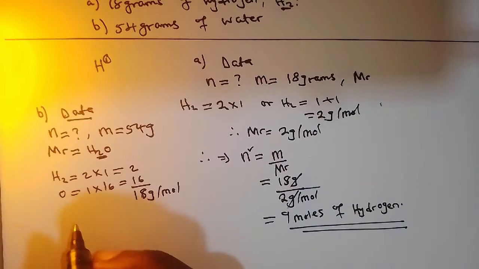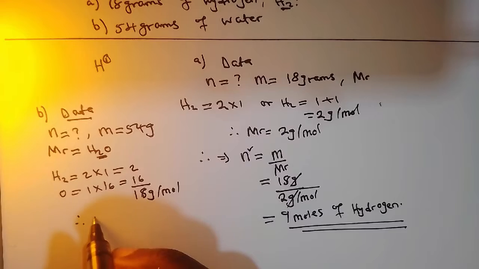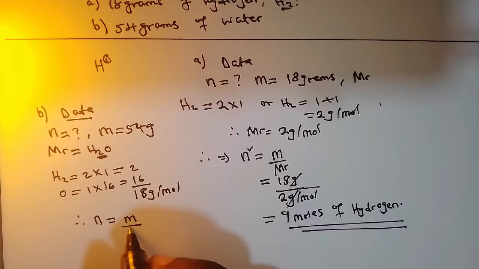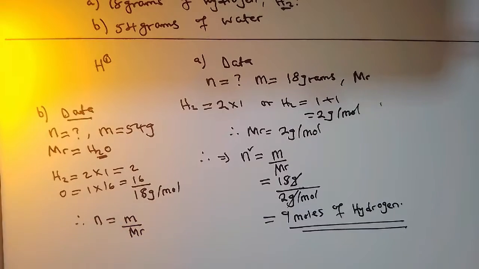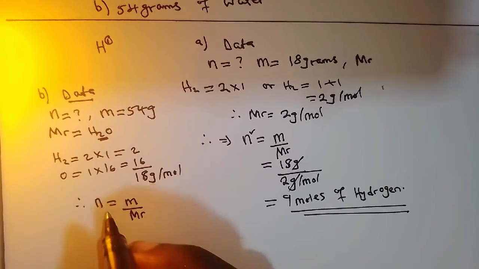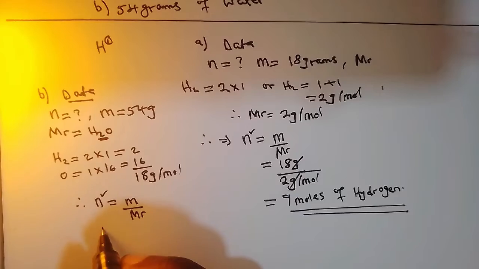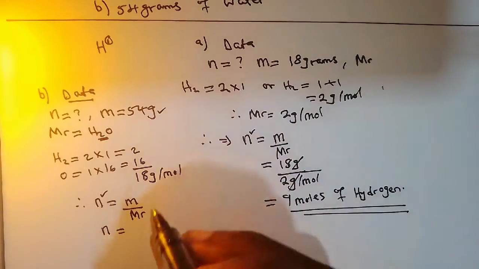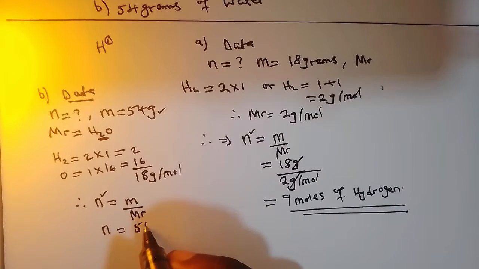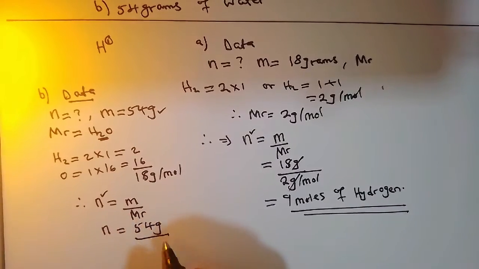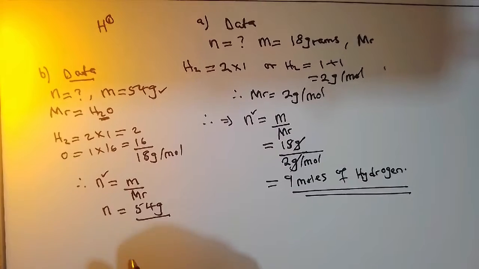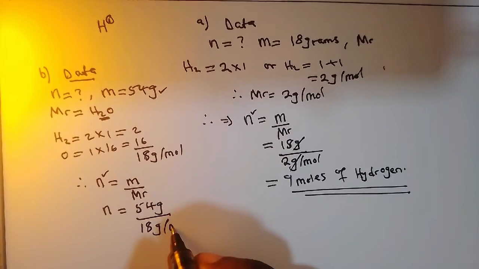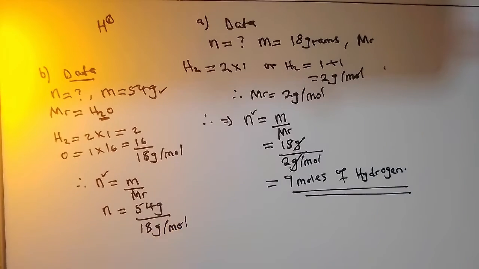From there, the formula is number of moles equals the mass over the molar mass. So n equals the mass, 54 grams, divided by 18 grams per mole.